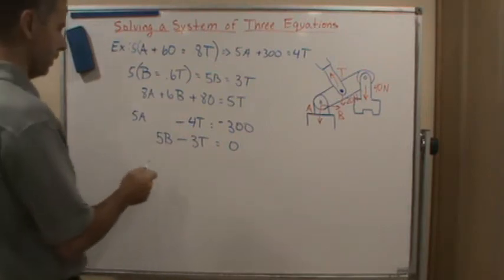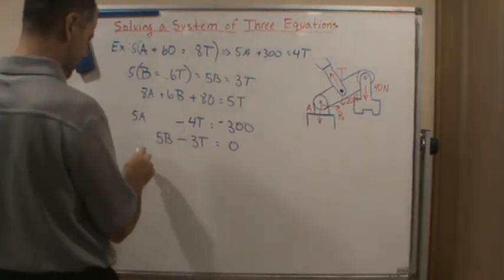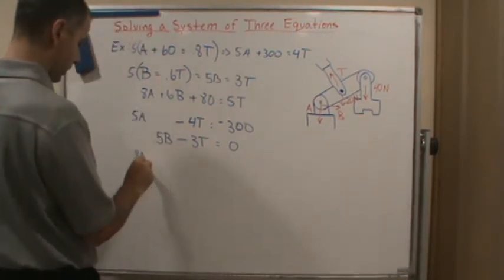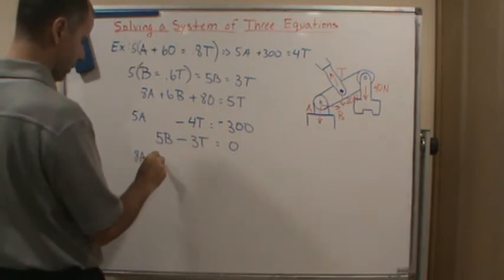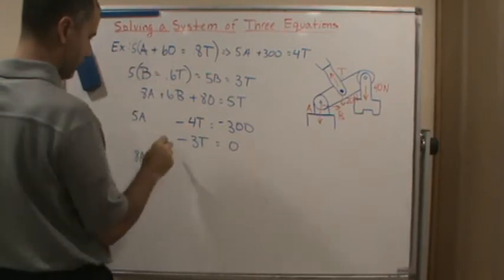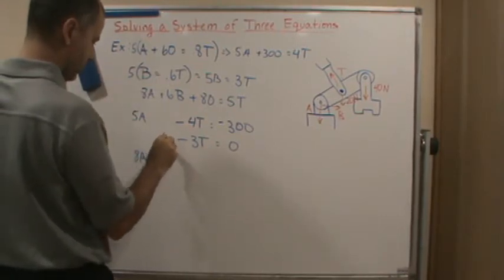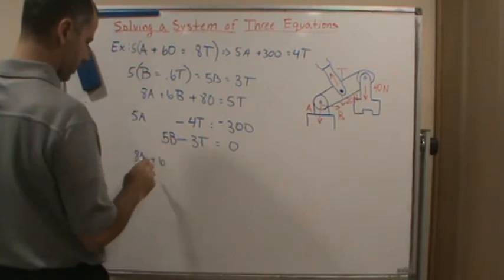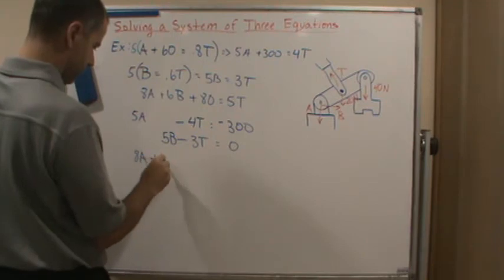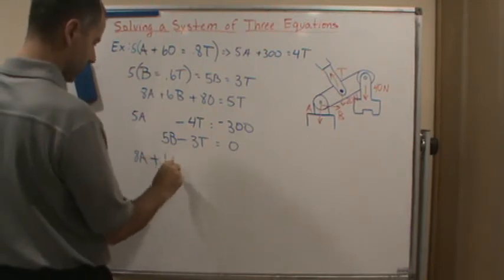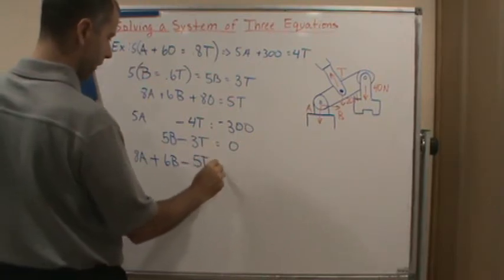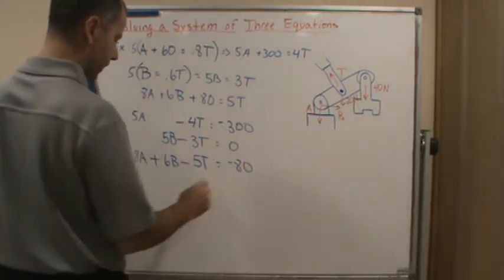And now the last one we'll write as 8a plus 6b minus 5t equals negative 80.